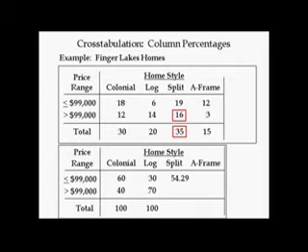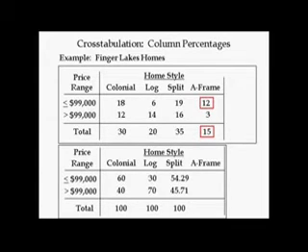It can be interpreted as a probability of a randomly chosen home being priced at more than $99,000 given it's split, which is 45.71%. This third column of percentages is a frequency distribution, and its sum is 100%. The column percentage in the first row and fourth column is found by dividing 12 by 15.